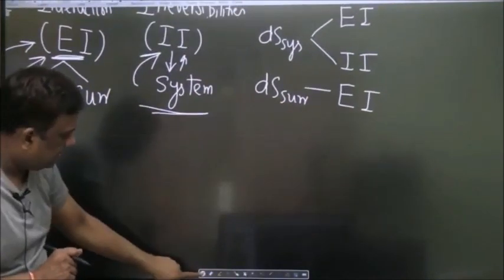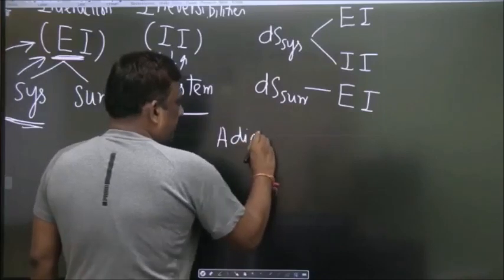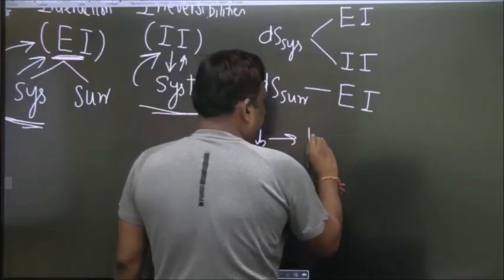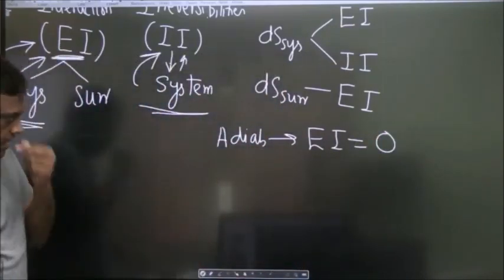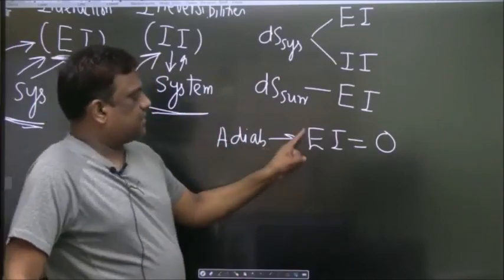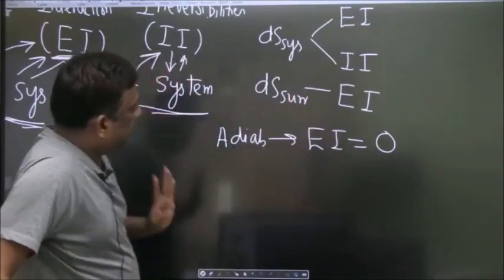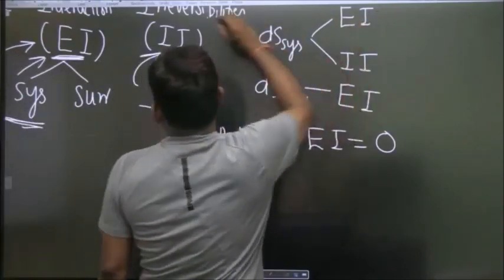I repeat, my dear students, let us take the adiabatic process. In an adiabatic process, external interaction is zero.